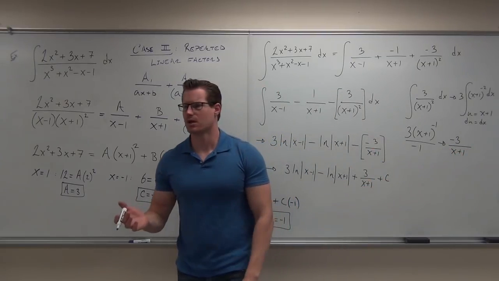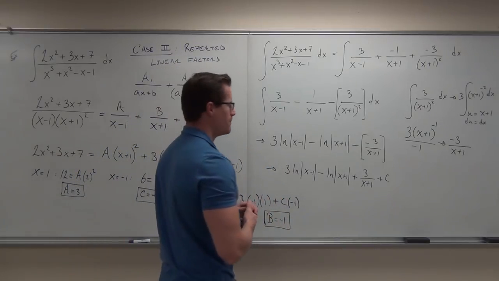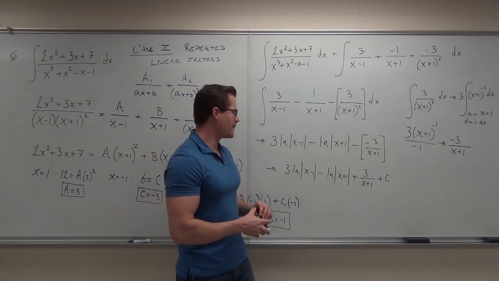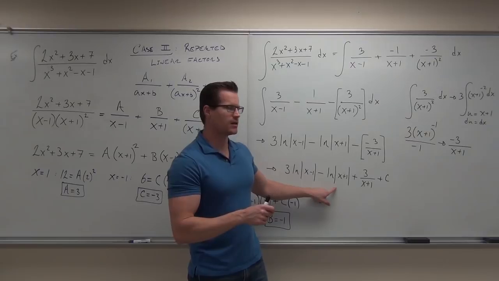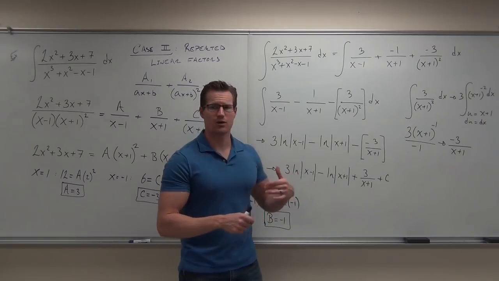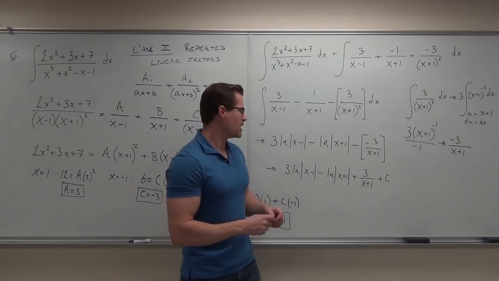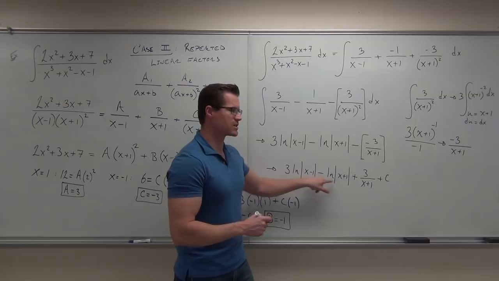Now, one little thing I want to talk about. Occasionally, you're going to do some problems that look different when you're doing these repeated linear factors or even linear factors, because you get a lot of ln's being added and subtracted, with coefficients out front. Now, what we know from our chapter 6 work with exponentials and logarithms is that these really mean exponents, and this really means a division.